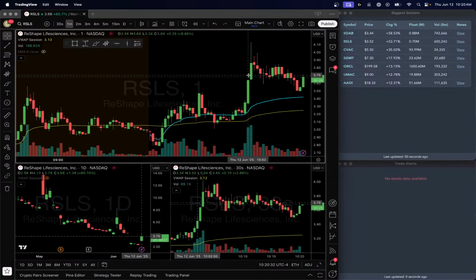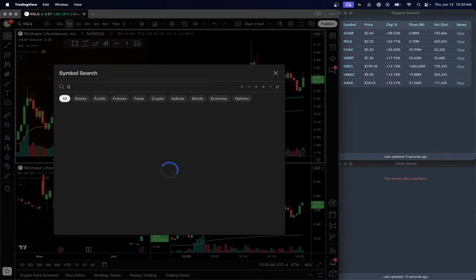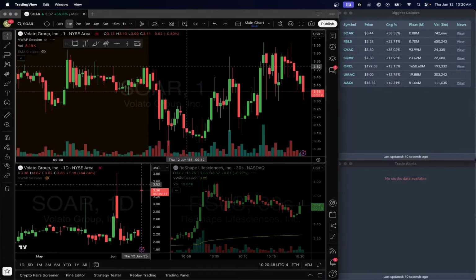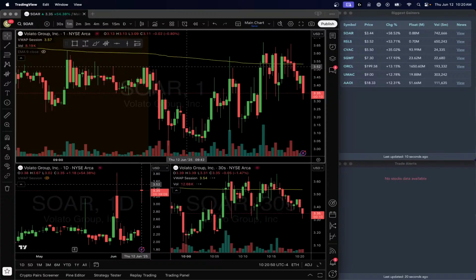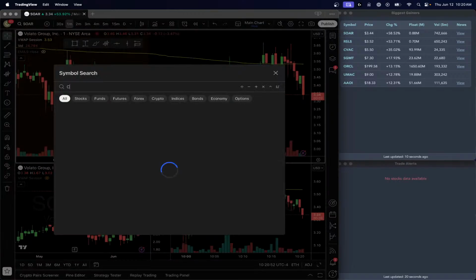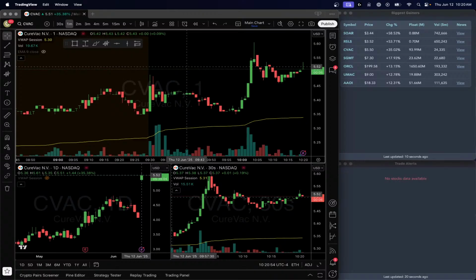Just not much going on. We got SOAR still the leader, and that was a major gap up. We got CVAC, 35%, not much there.